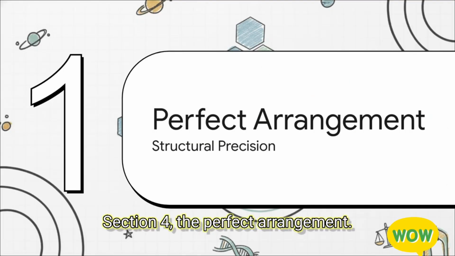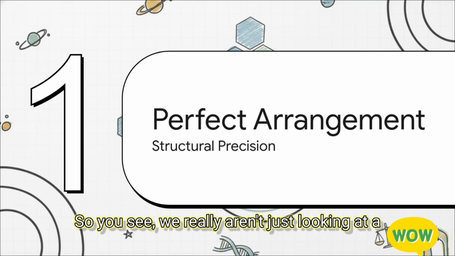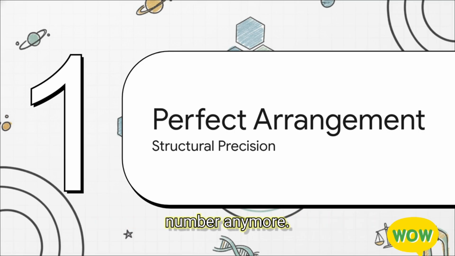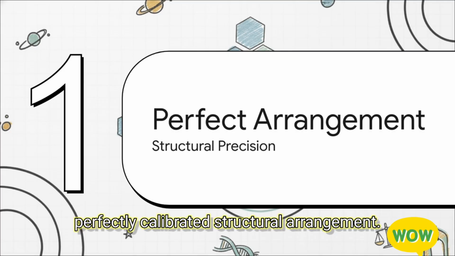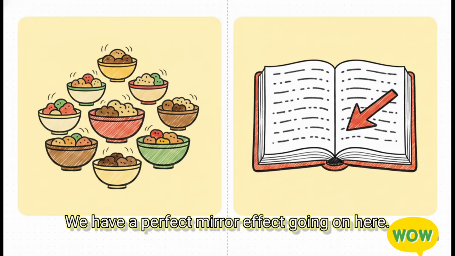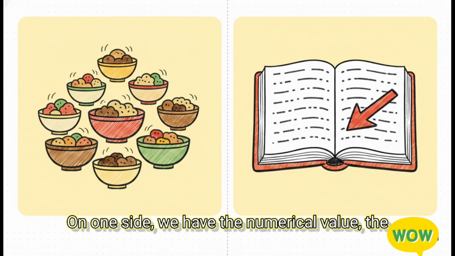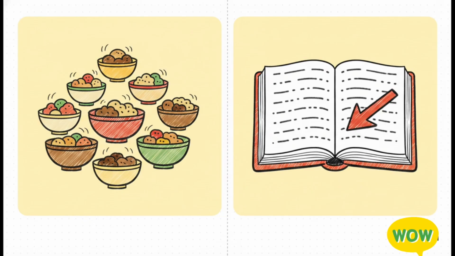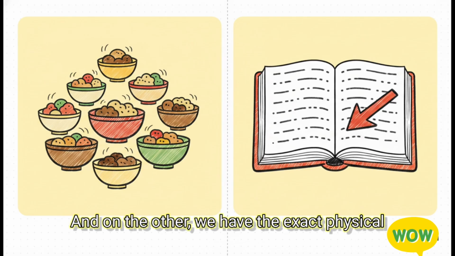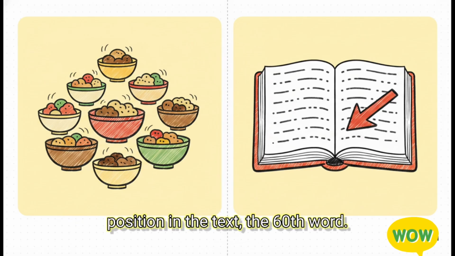Section 4. The perfect arrangement. So you see, we really aren't just looking at a number anymore. We're looking at a profound claim about a perfectly calibrated structural arrangement. We have a perfect mirror effect going on here. On one side, we have the numerical value, the quantity of 60 poor people that must be fed. And on the other, we have the exact physical position in the text, the 60th word.